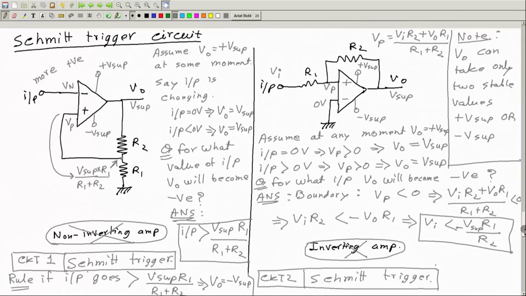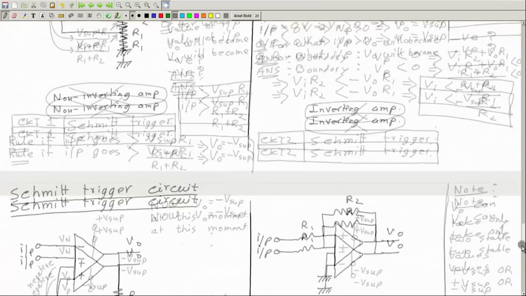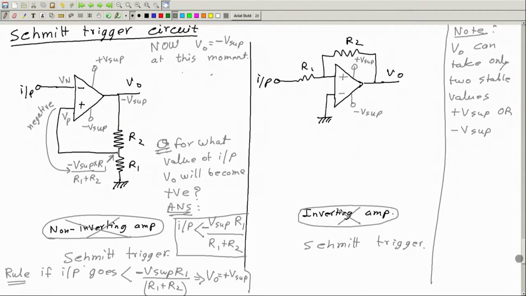Similarly, now once the output is already negative, what will happen? Now, V O is already negative. So, this is minus V supply.